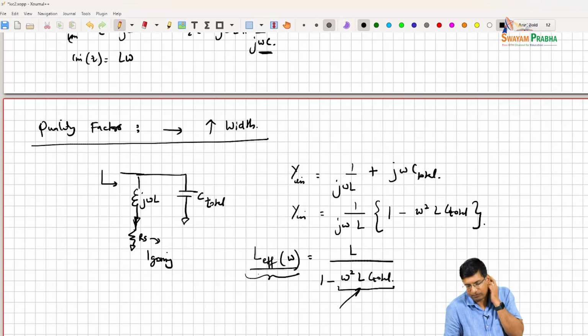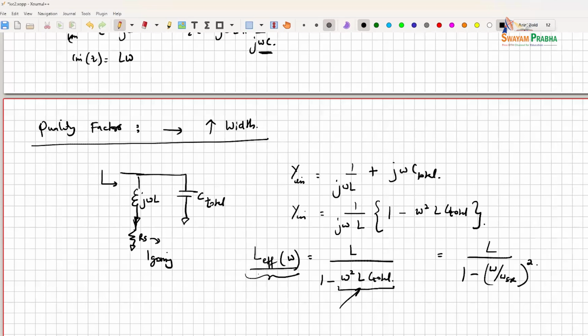So people will operate where, let's say, this is L divided by 1 minus omega by omega SR, squared.